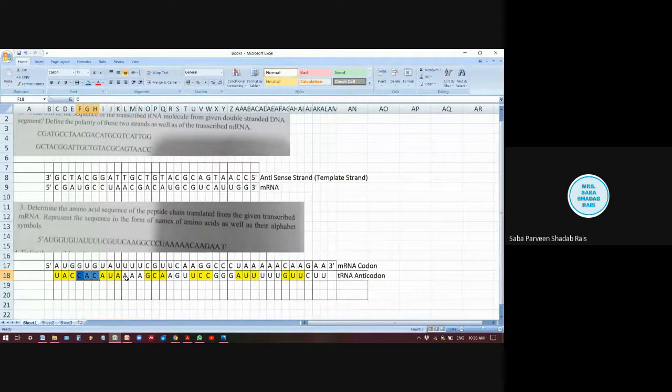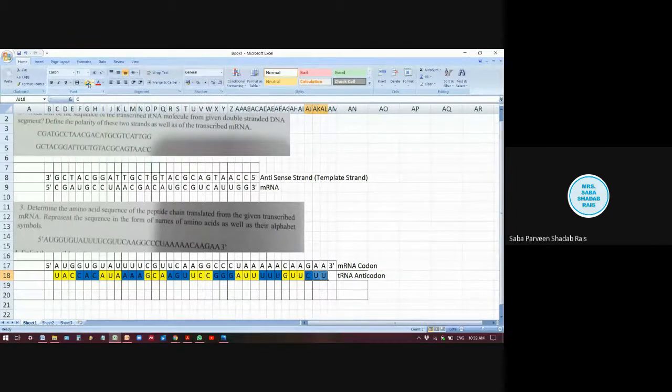Okay, better to have this color. Synthesis is always in the 5 prime to 3 prime direction. You all are supposed to remember this thing.